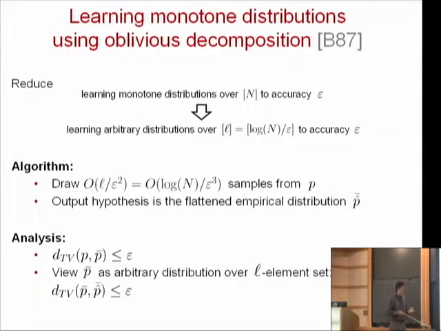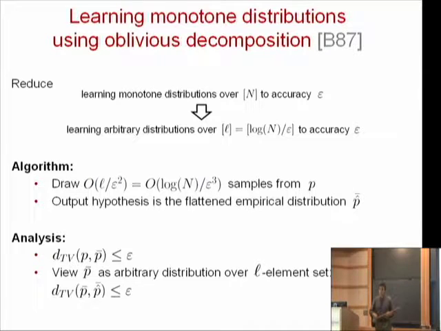And it's epsilon accurate because of the triangle inequality. We know that the true distribution P and the true flattened distribution P bar are epsilon far from each other. And then the true flattened distribution versus the empirical flattened distribution, well, that's just learning two distributions over an L element set, so those are epsilon far from each other. And so that's it.